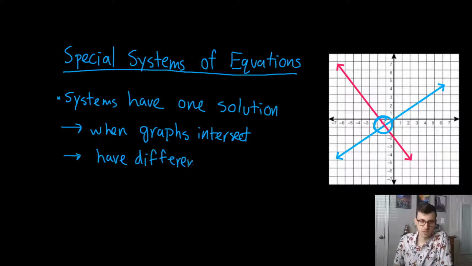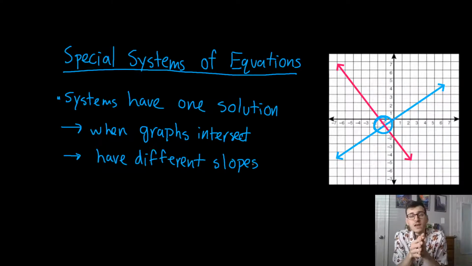Every single system of equations we've looked at so far has had two equations with different slopes. So now we need to talk about what happens when the slopes are the same. There are two outcomes when the slopes are the same.